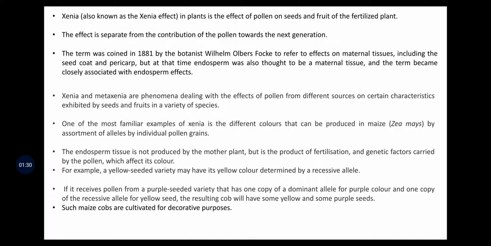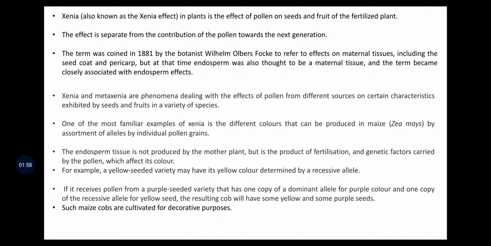One of the most familiar examples of xenia is the different color that can be produced in maize by assortment of alleles by individual pollen grains. The endosperm tissue is not produced by the mother plant but is a product of the fertilization and genetic factors carried by the pollen which affect its color.